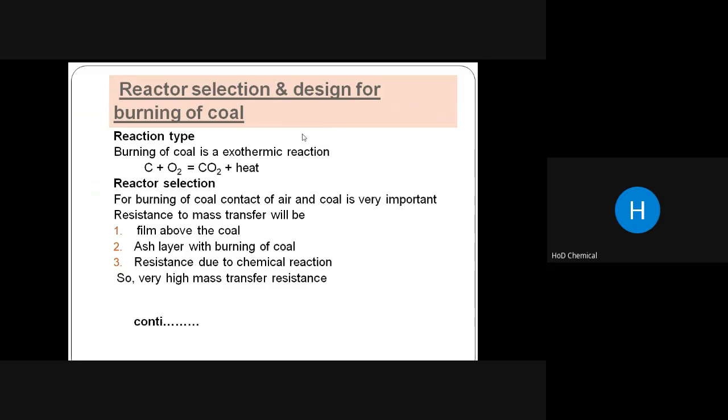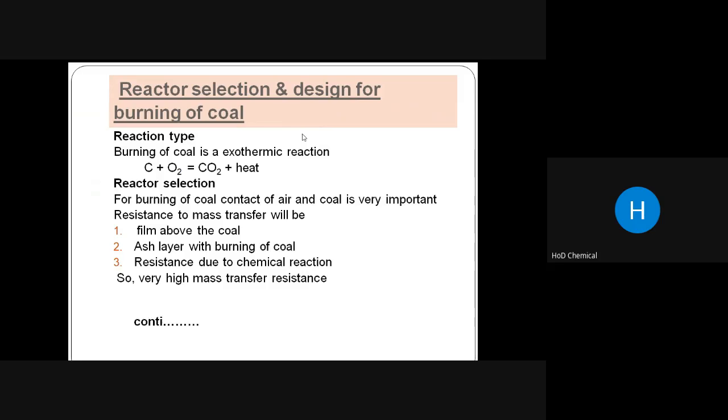Examples of non-catalytic systems include burning of coal. The burning of coal is an exothermic reaction, carbon and O2 forming carbon dioxide plus heat.